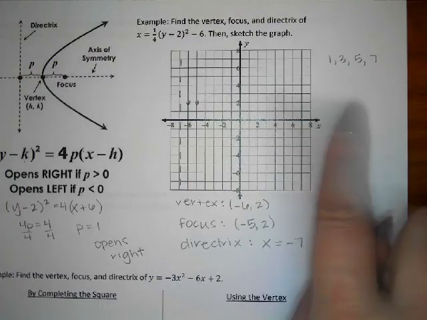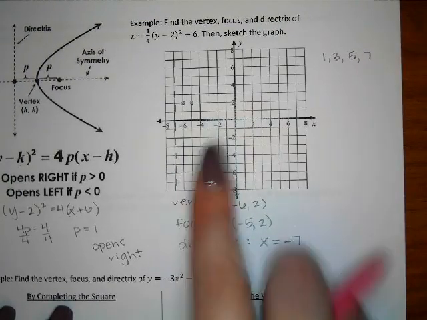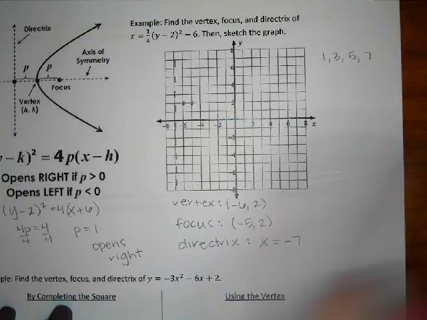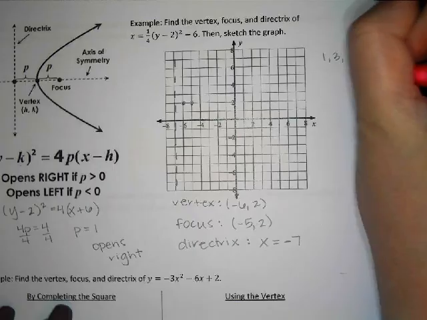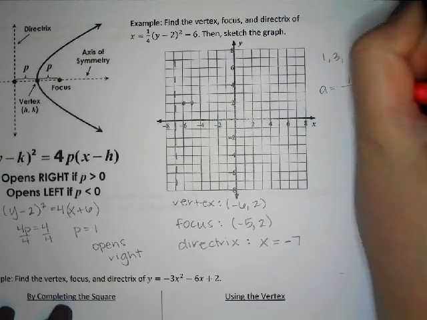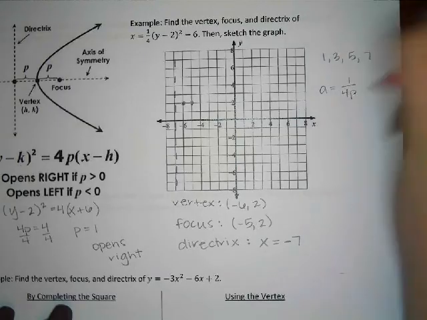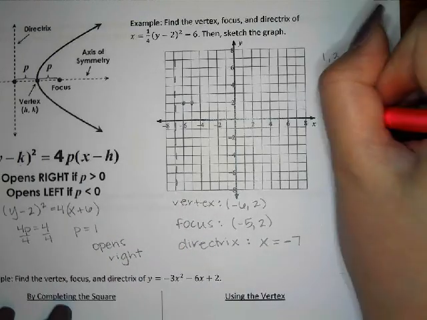And then we have to think about if we have a stretch or compression, this time not vertical, this time it's horizontal. So for this, we have our A value is 1 over 4p, which in this case is 1 over 4. 4p in this case is 4. So for us, our A value is 1/4.